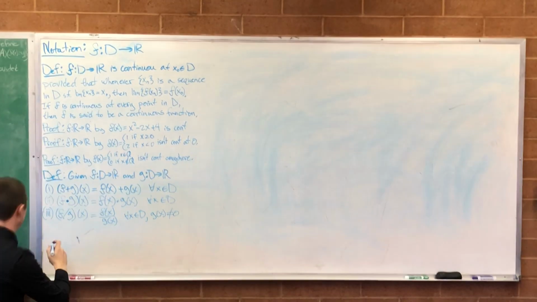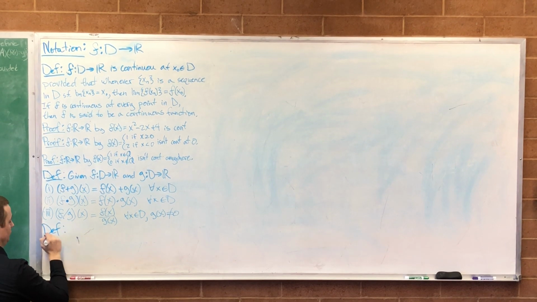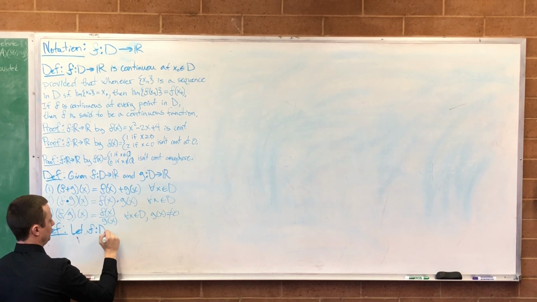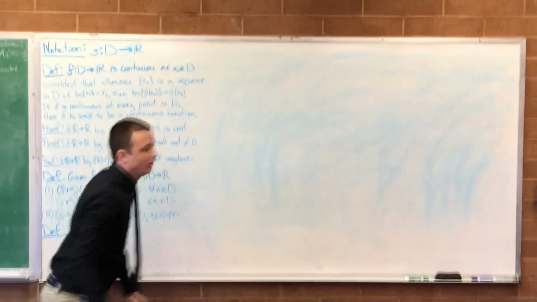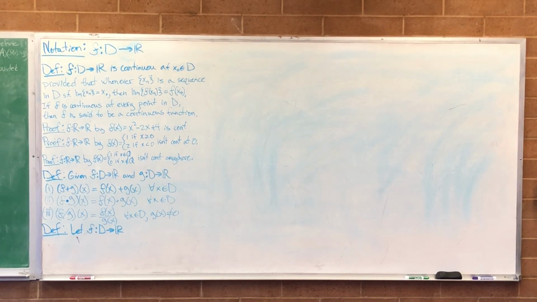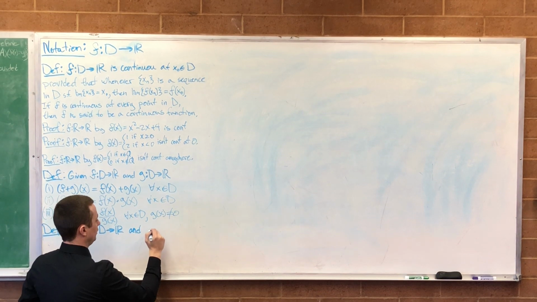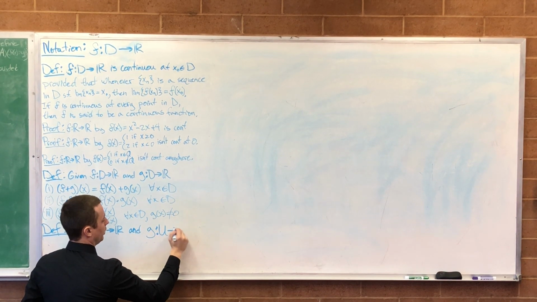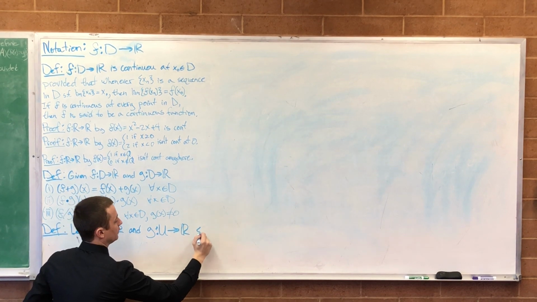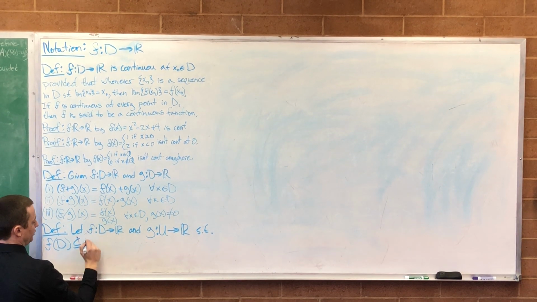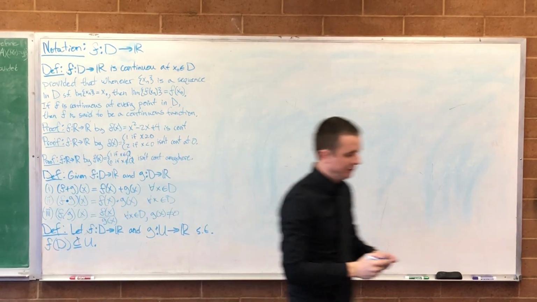So, definition. Let f be a function from D to R, and g be a function from some set U to R, such that f of D is a subset of U. You understand what I mean by that?